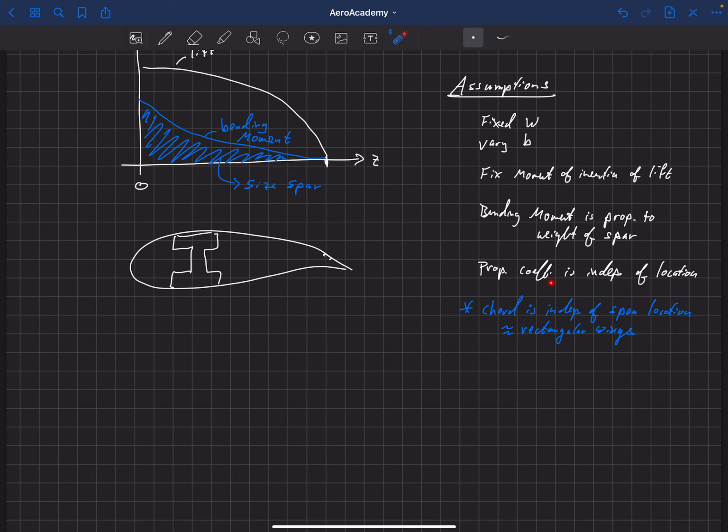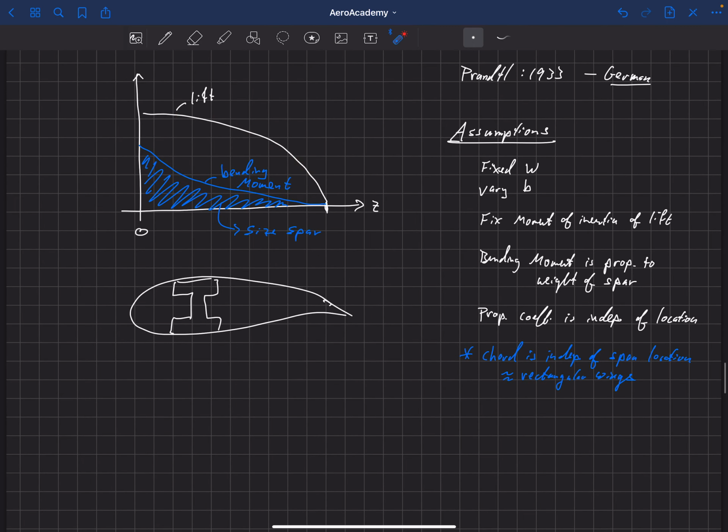Okay. Now, one last thing that I want to point out here is that he also only looked at the bending moment. So the bending moment as a function of span, he only included the effect of the lift distribution. But in reality, we'd also have a weight distribution within the wing, and sometimes that's fairly significant.